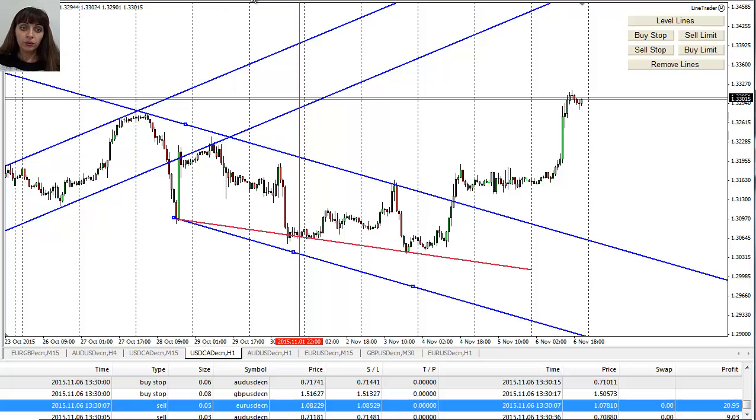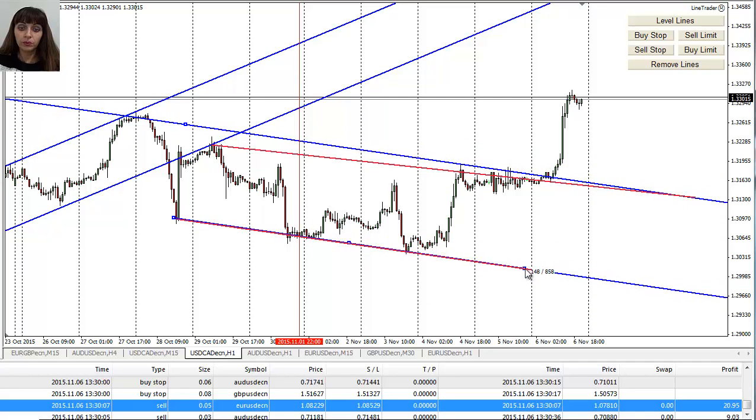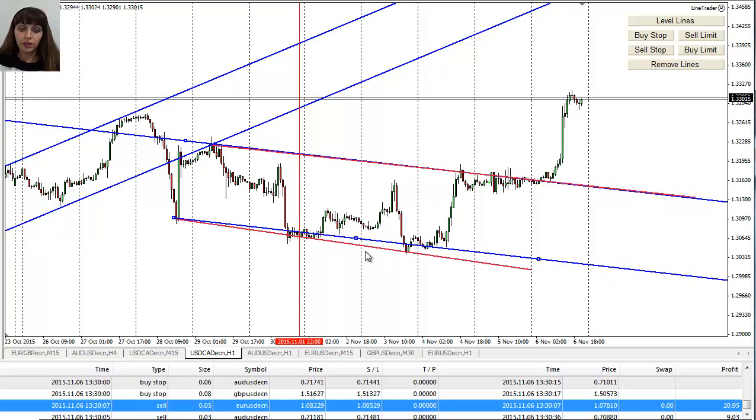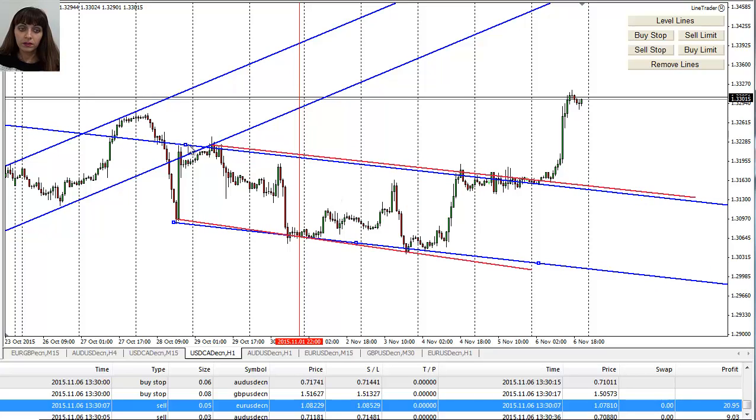And also, if you look at the red one, it can show you something like this. That's what I'm saying, that level and that level. If you move that level to, let's say, here, you could have cooperated a little bit with these three bottoms.